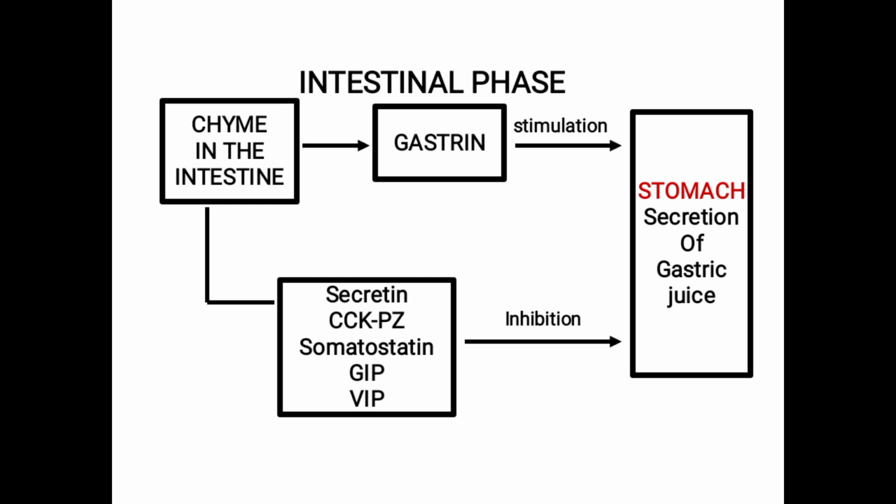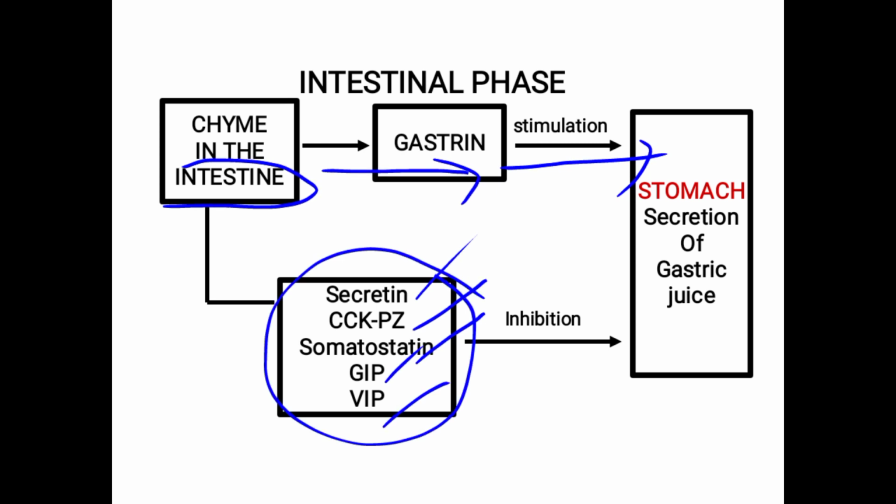Initially, when the chyme enters the intestine, gastrin is released, and this gastrin stimulates the stomach for secretion of gastric juice. But later the secretion decreases by the secretion of secretin, CCK-PZ, somatostatin, GIP, and VIP.